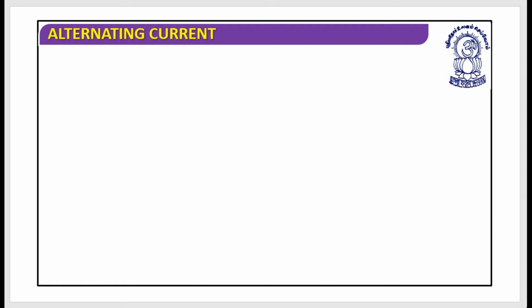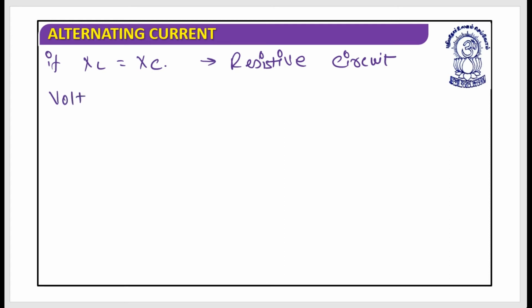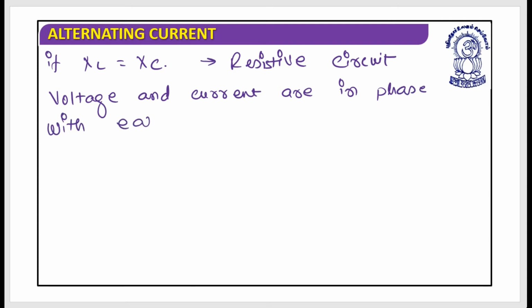And last but not the least, if XL is equal to XC, it is a resistive circuit. And in the case of the resistive circuit, voltage and current are in phase with each other. Do you understand? Yes, great.